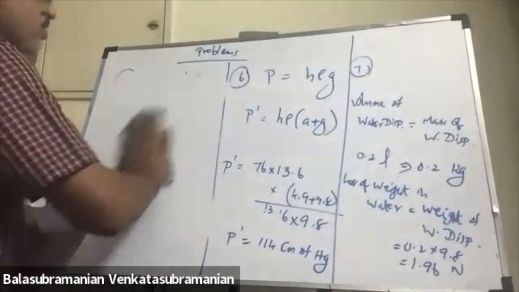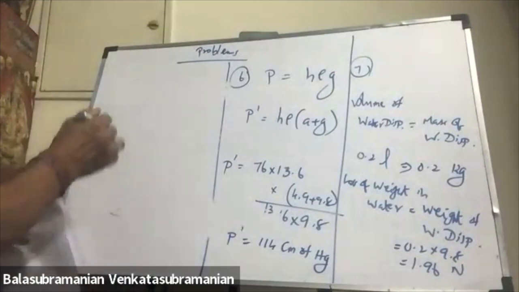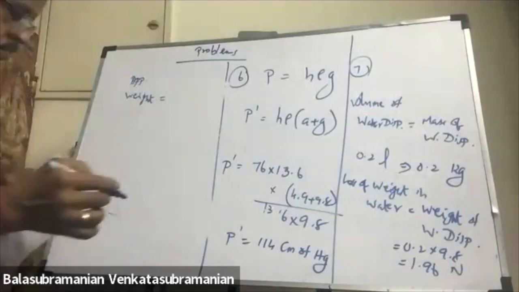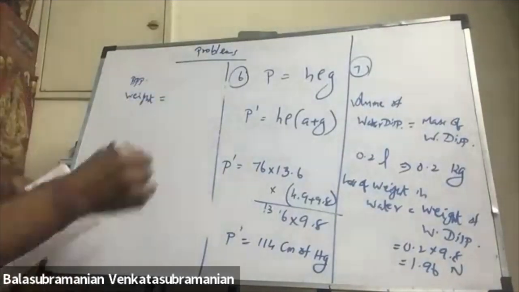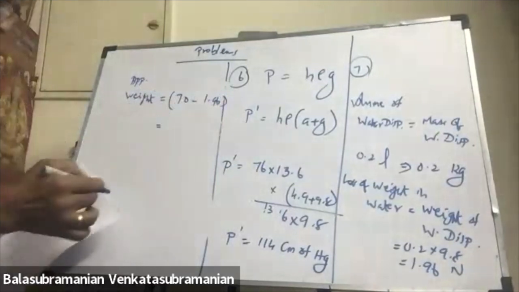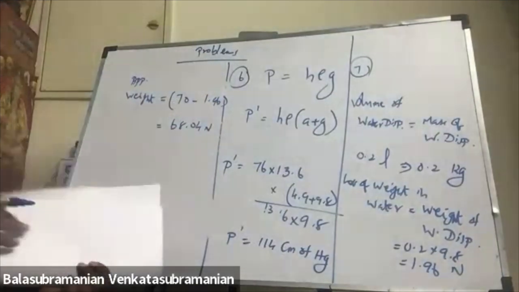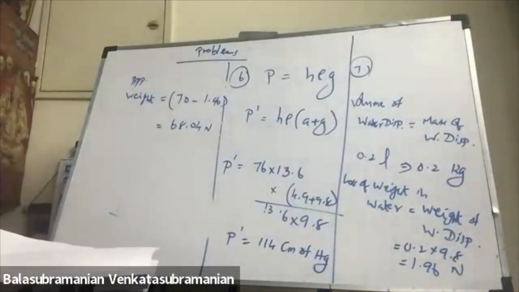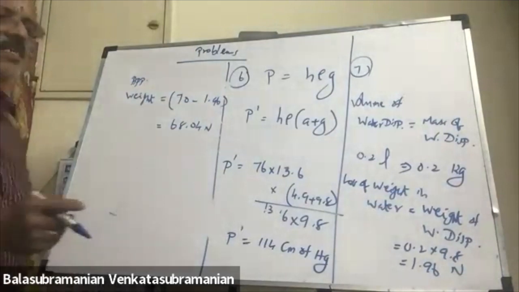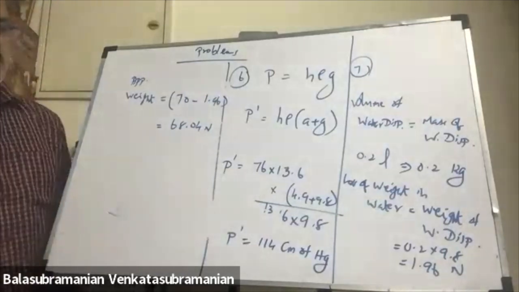So apparent weight will be 70 minus 1.96, that is 68.04. 70 Newton weight is given, and the loss of weight inside the liquid will be around 1.96 Newton.